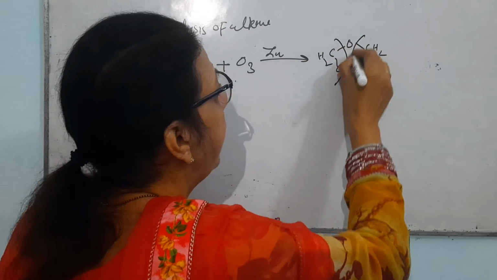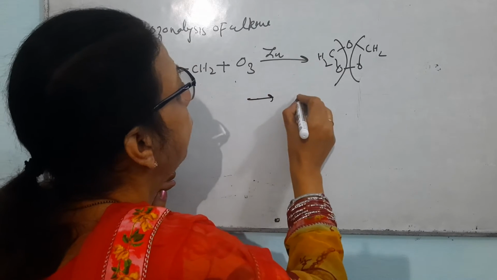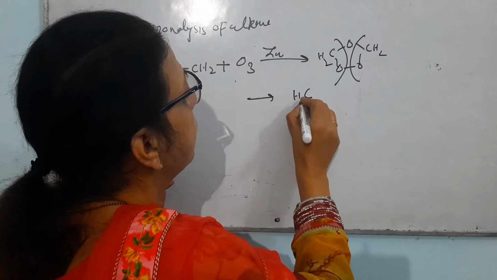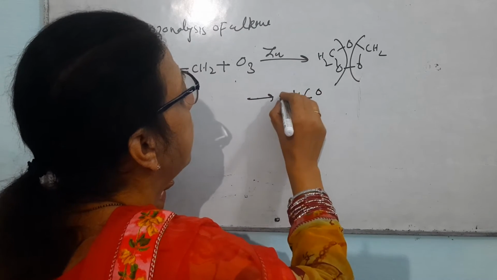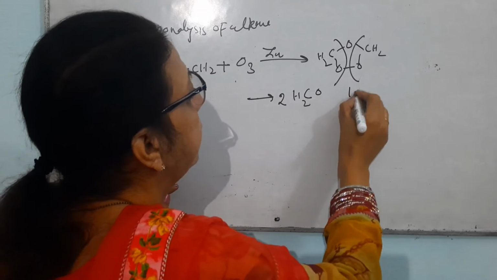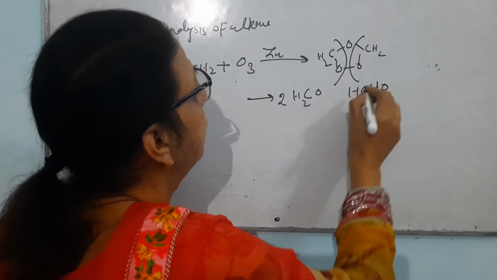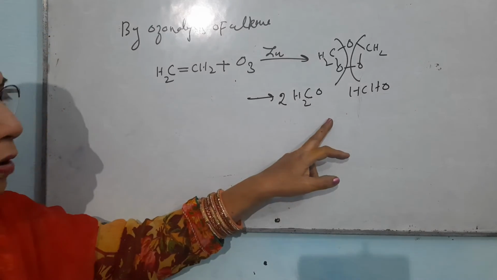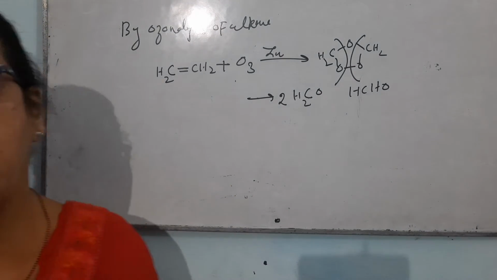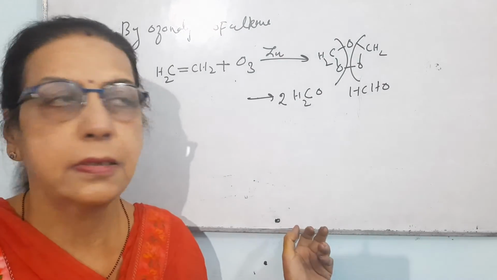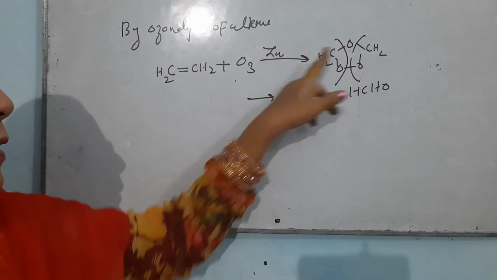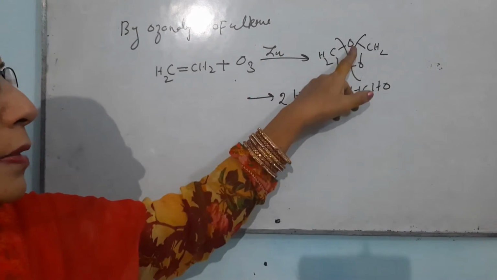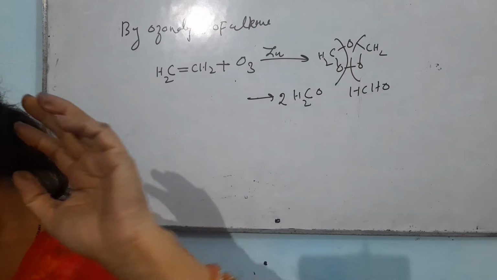It will be cleaved like this. So there will be formation of two molecules of formaldehyde. I can write it like this, HCHO. The third oxygen will go with zinc, forming ZnO.